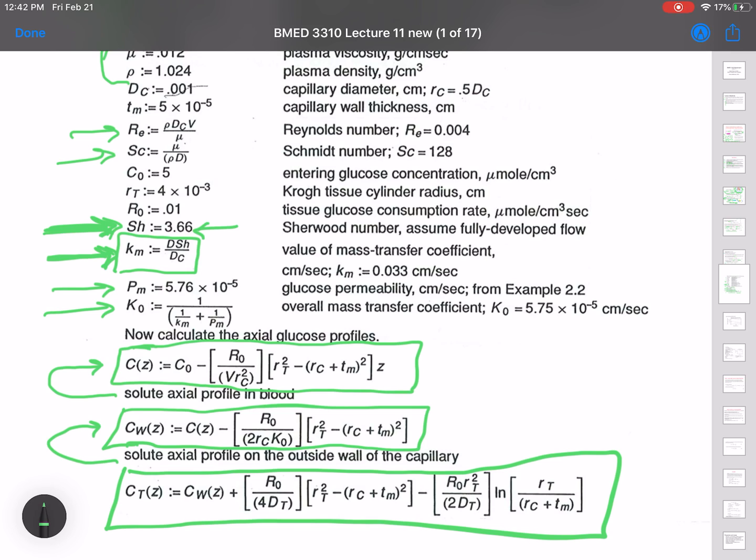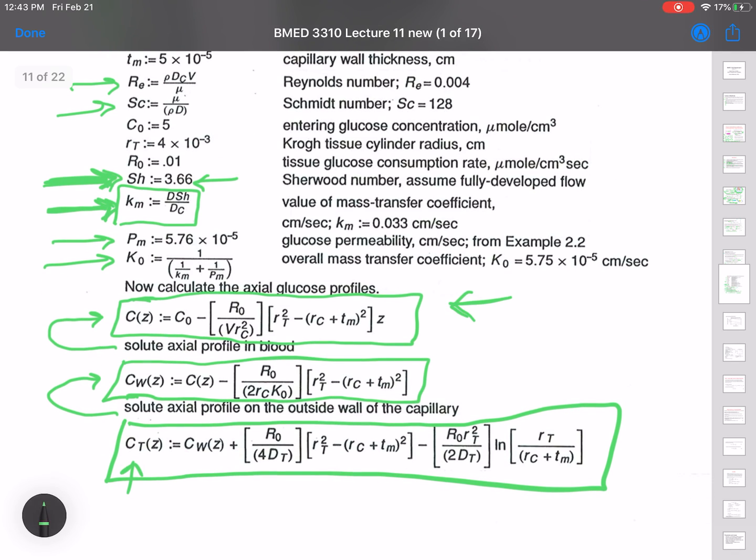Actually, no. This is the concentration, not just in the tissue, but at the very edge. So it's at R sub T. All right, so these are just the equations that we derived. That's all those are.